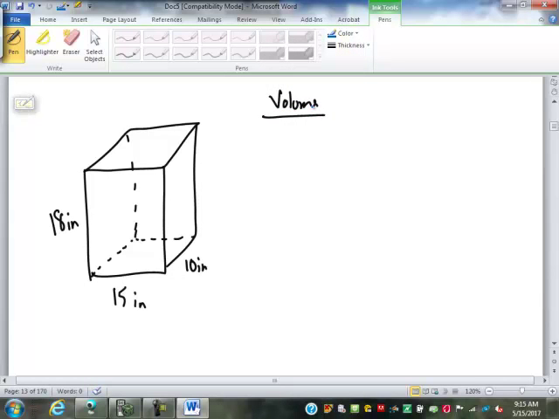Remember, for volume, we defined volume to be the area of a base. Now, the base, when it's something like this, is just going to be the bottom. So it's that rectangle on bottom. So its area will be 15 inches by 10 inches, or 150 square inches.